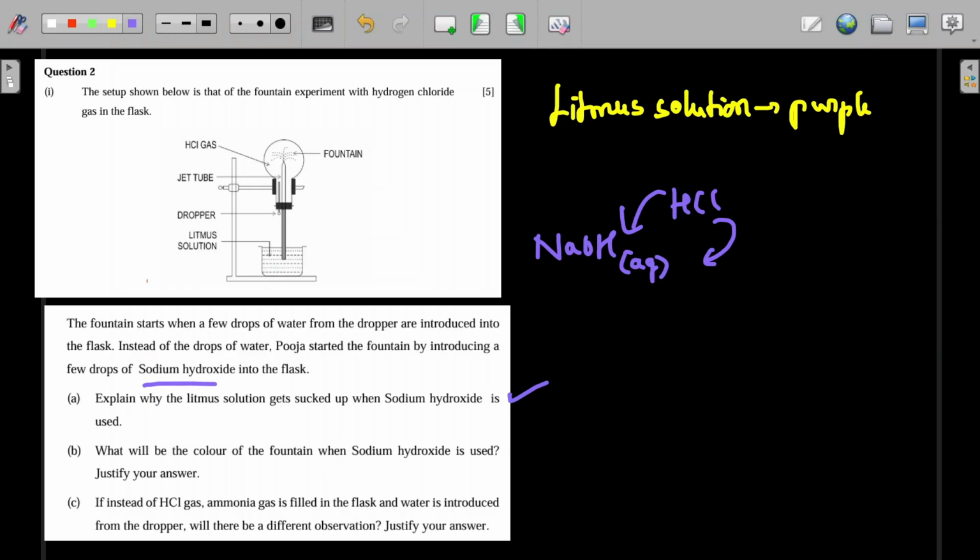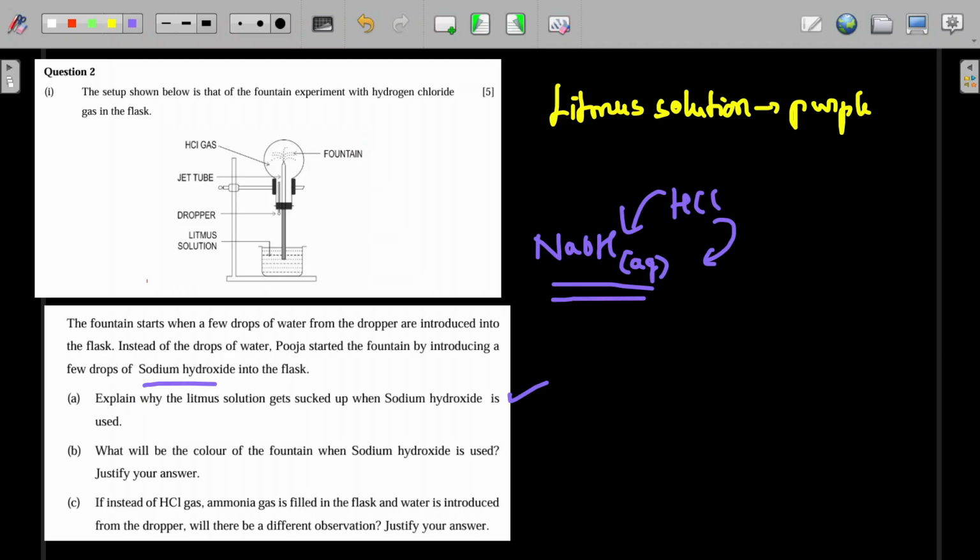What will be the color of the fountain when sodium hydroxide is used? Justify your answer. It depends upon your justification. Since we are using only 1 or 2 ml of sodium hydroxide solution, it will not be able to neutralize all the HCl. Correct? You need a sufficient amount of NaOH to neutralize all the HCl. But here HCl is in huge amount, NaOH is in small amount.